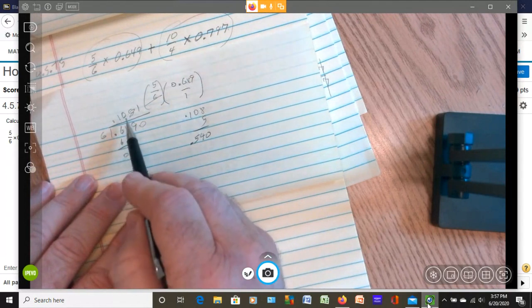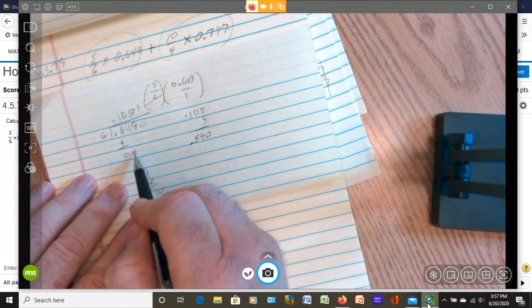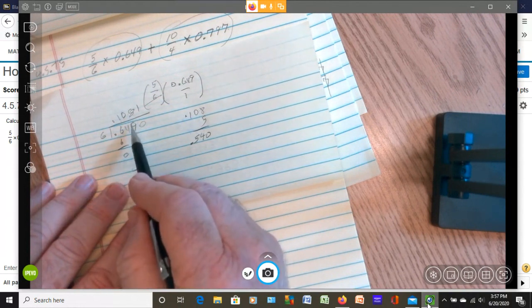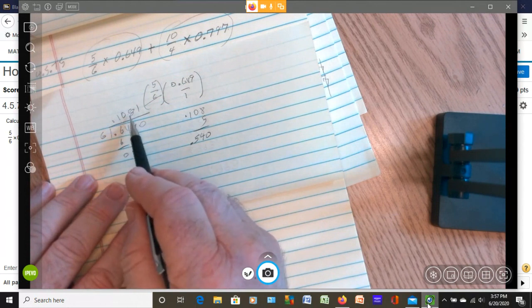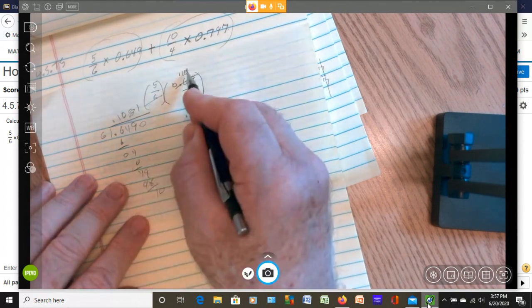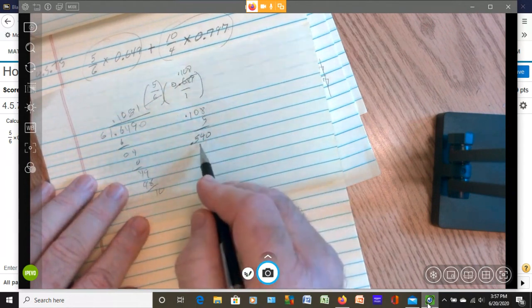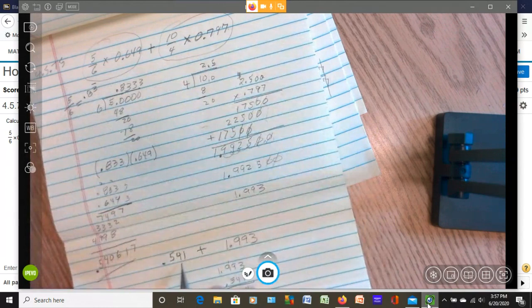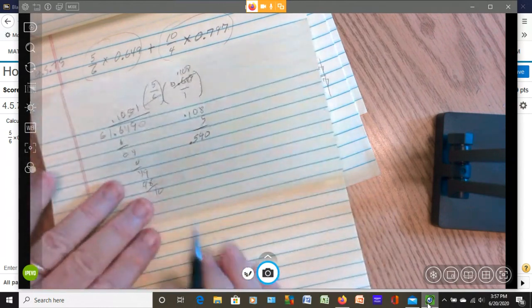I get a 1, 0, bring down a 4, 0, bring down this, and then keep going. And so when I quit at thousandths, I get 0.108, right? 0.108 times 5 gives me 0.540, and before the answer I got was 0.541. And Math Excel didn't like that part of the answer, apparently.